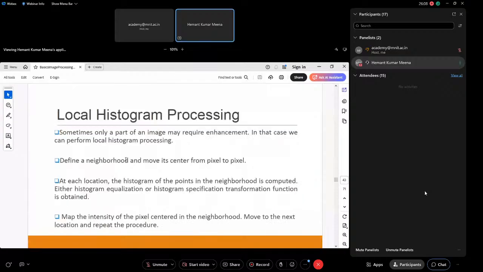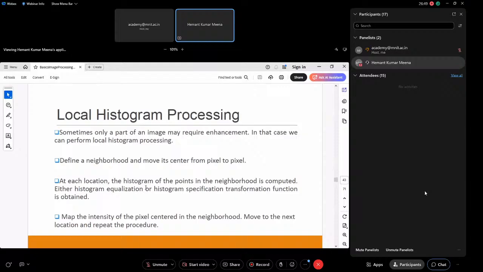Now we say local histogram processing. In local histogram processing, only a part of an image may require enhancement. For example, as we have seen in the last one, where only a small range is there, 240 to 250. In that case, it is best to perform local histogram processing only on some patch of the image. So what do you need to do when working on a patch of the image? You need to define a neighborhood and then move its center from pixel to pixel.